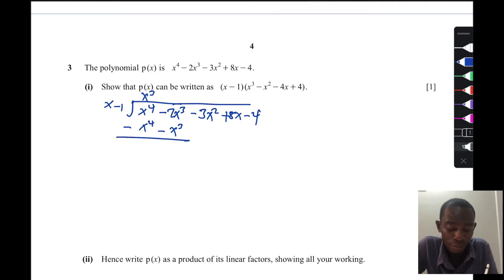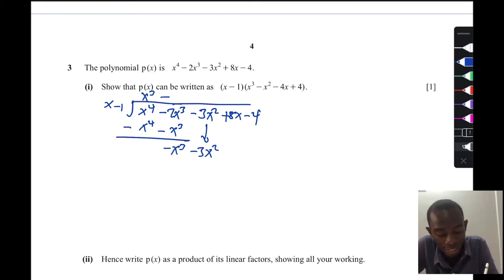Then we have negative 2 minus negative 1, so that will be negative 2 plus 1. That's negative x cubed. Then we drop this one down. We have negative 3x squared. x will go into negative x cubed, negative x squared. So you multiply that and you have negative x cubed, then you have plus x squared.